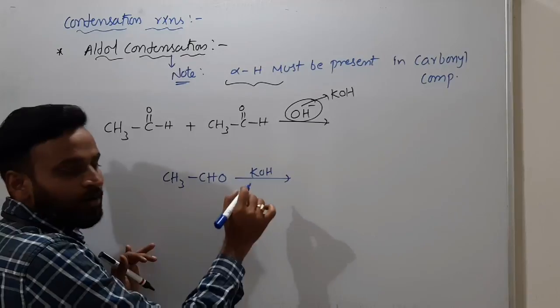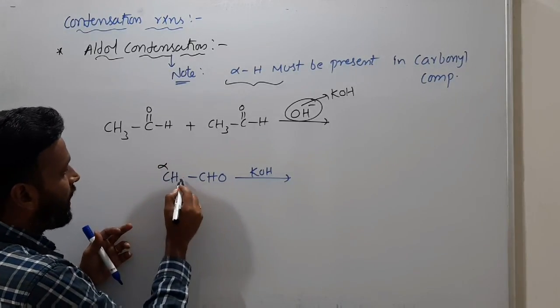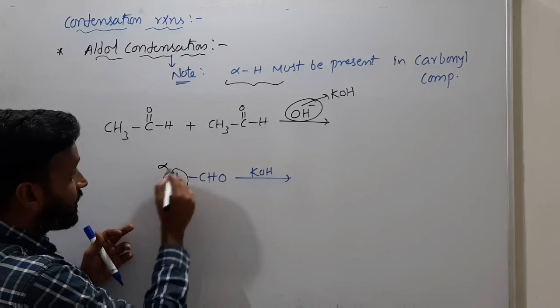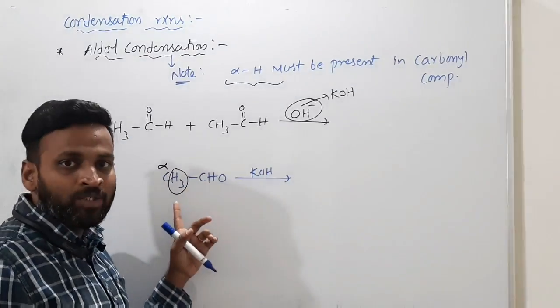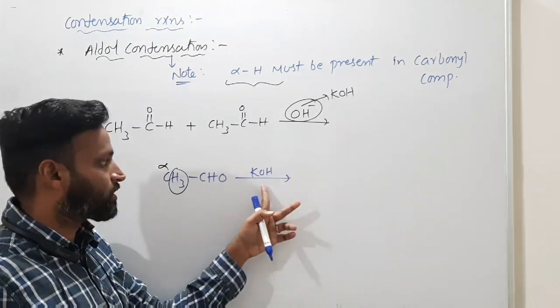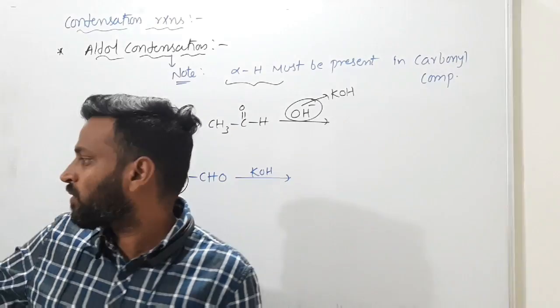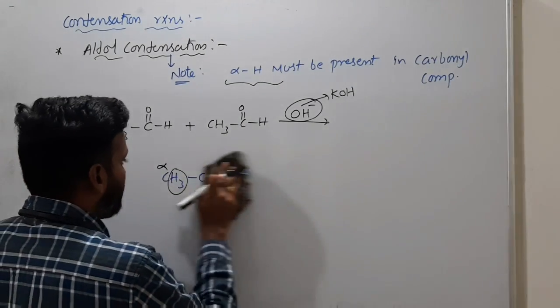With base, having alpha hydrogen. This is the alpha carbon, and the alpha carbon has 3 alpha hydrogens. So an aldehyde having alpha hydrogen in the presence of base, that is aldol condensation. This is the most important thing you have to remember.